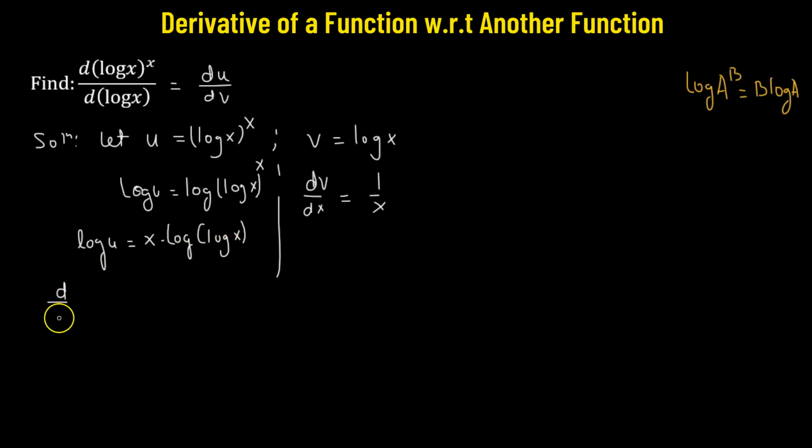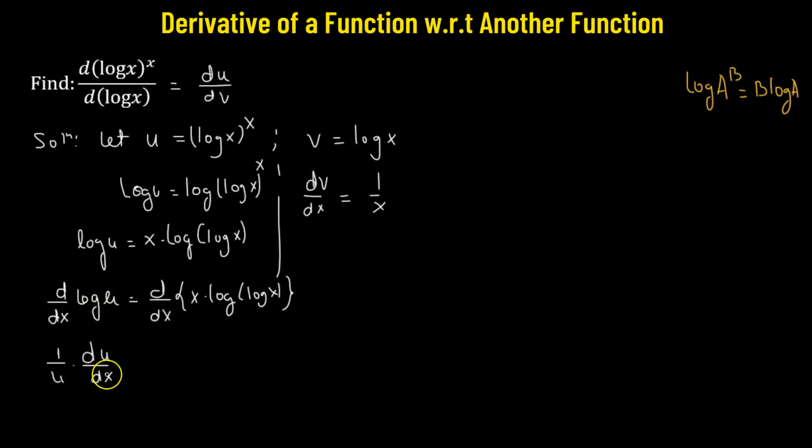Now we will take the derivative on both sides with respect to x. So we have the derivative with respect to x of log u equals the derivative with respect to x of x times log log x. The derivative of log u with respect to x will be 1 over u times the derivative of u with respect to x.